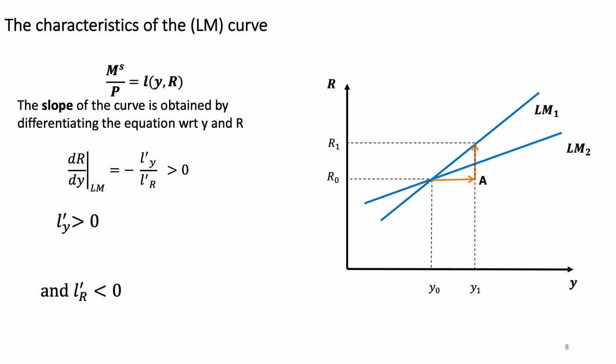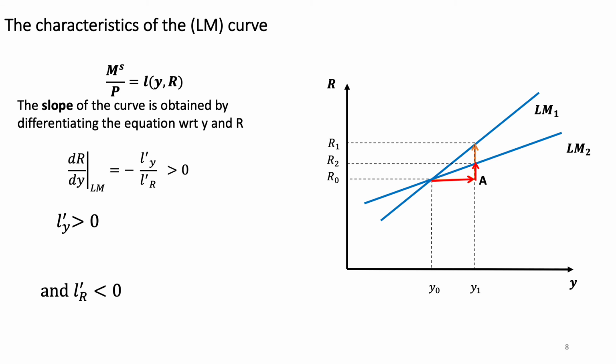Let's now look at LM2. The curve is less steep. The decrease in speculative demand is obtained through a much smaller variation of R. R will increase, but less than in the first case. Because in this case, the demand for money is more sensitive to the interest rate.